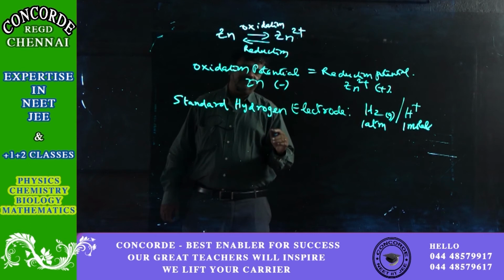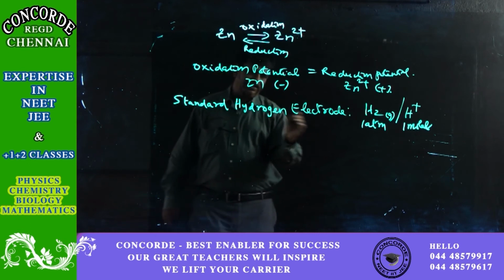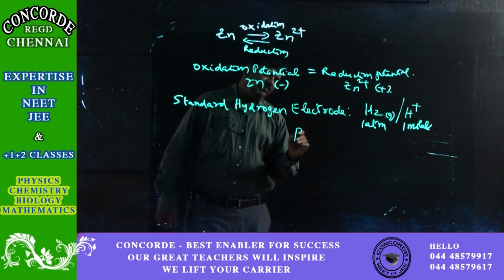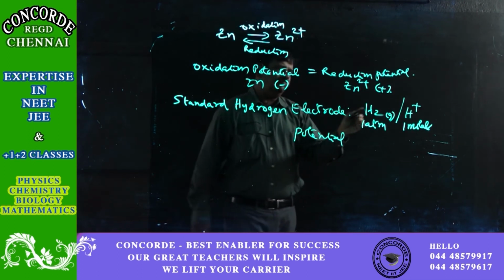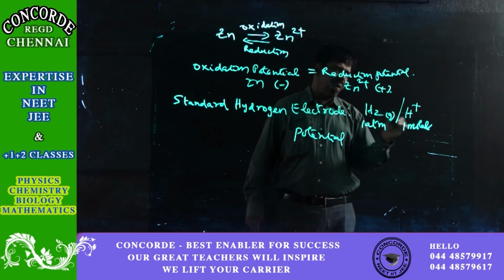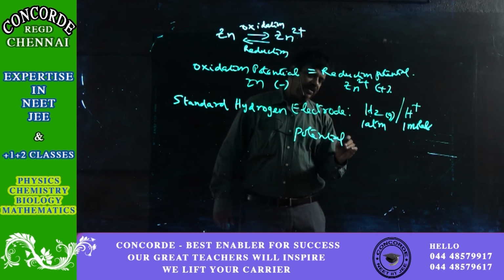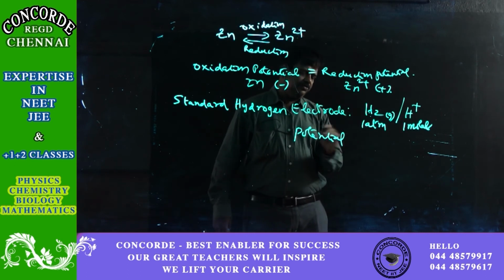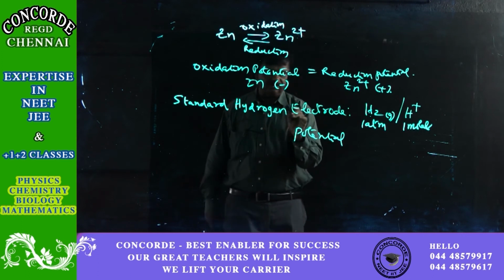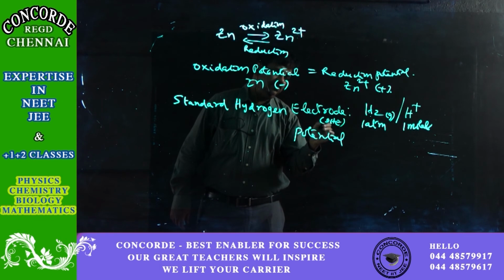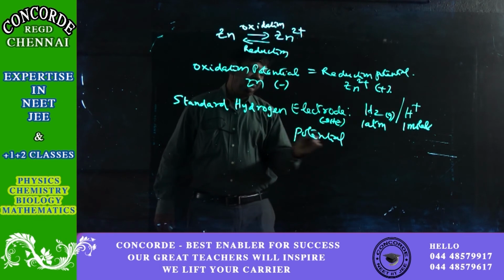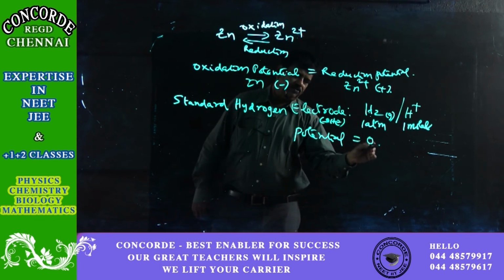For this standard hydrogen electrode, the potential is taken as 0. So what is the reaction happening? This is hydrogen becoming H plus. The potential for this electrode, the standard hydrogen electrode, also called SHE, is taken as 0.